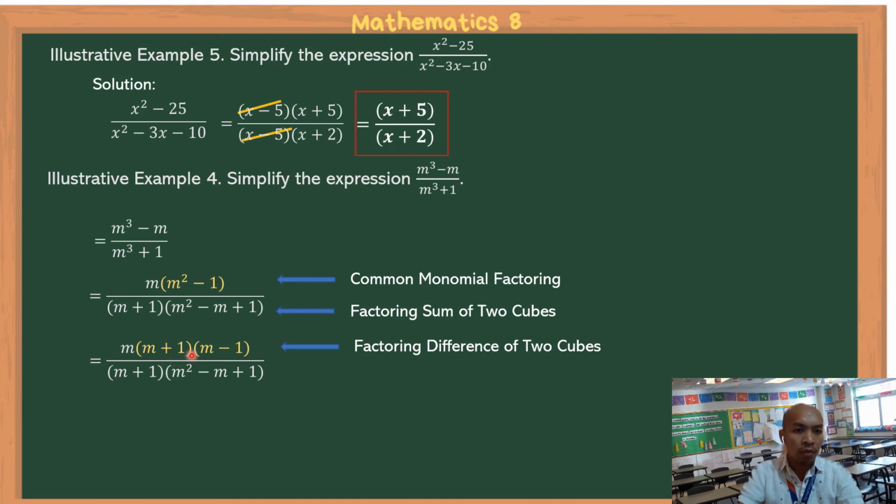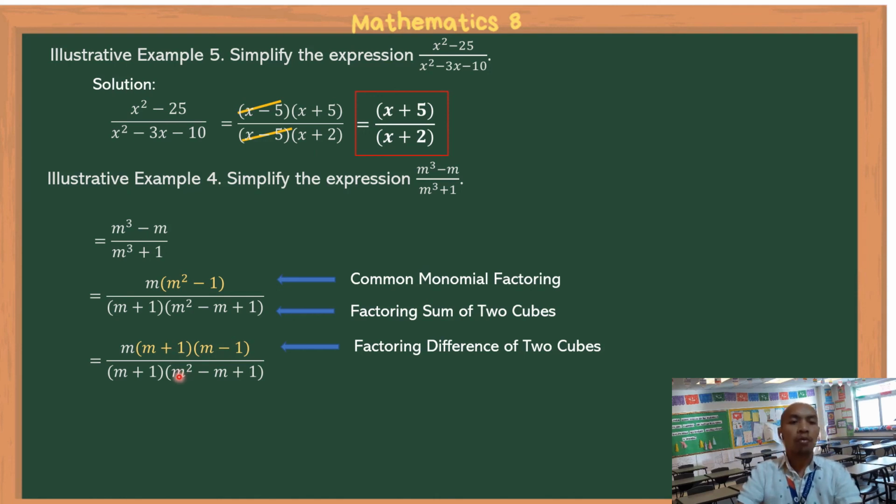So m plus 1 is the first factor. We just copy these terms, but we will change the operation. If this is positive, this must be negative. Notice that our numerator and denominator are factored completely.